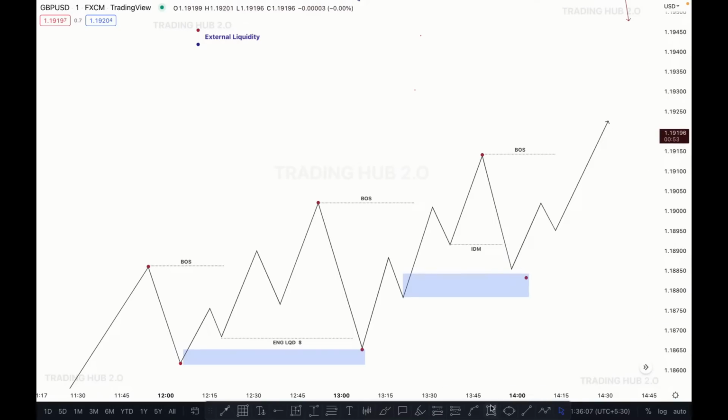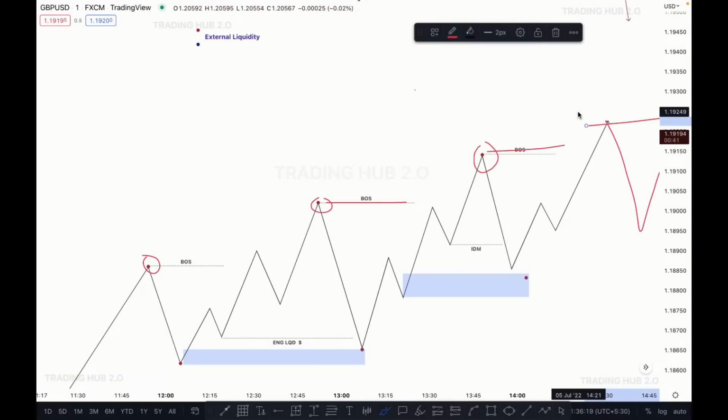So these are all called external liquidity. Every major high or low acts like external liquidity, because once the market takes external liquidity, it takes a pullback, then goes on to continue upside, taking the minor, you can say internal liquidity, right.